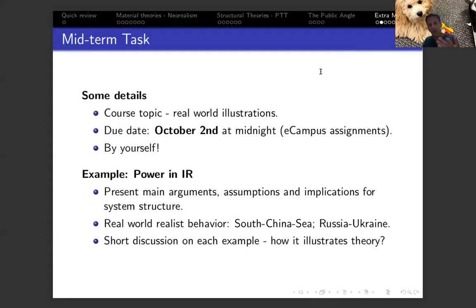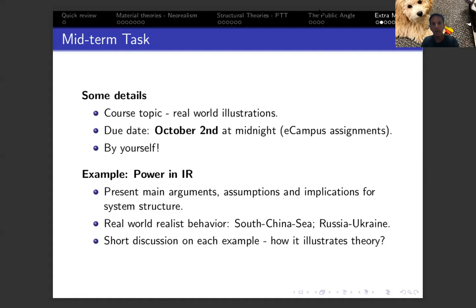When you find those examples, you will provide a brief paragraph, maybe a little bit more than a paragraph, describing the case itself, the real world case we're talking about, and then spend another paragraph explaining how the relevant behavior of those countries in the example that you chose represent or reflect power in the international system.